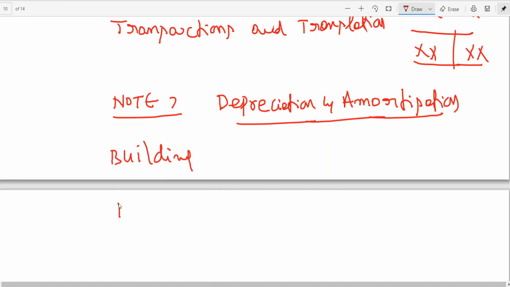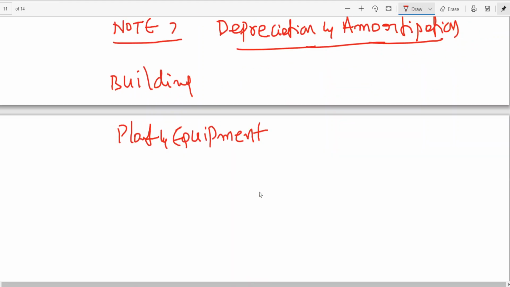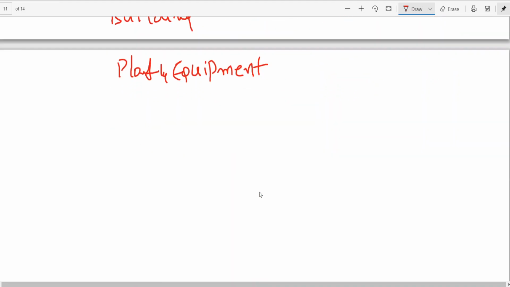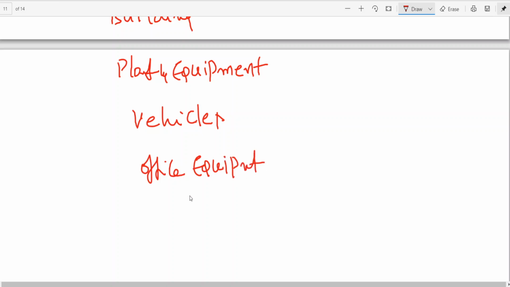Building, plant and equipment, vehicles, tangible part, office equipment. Few examples I am giving. Depreciation on current year depreciation.